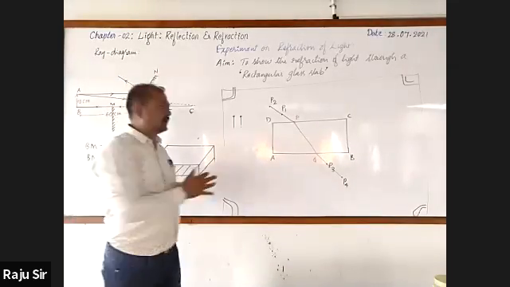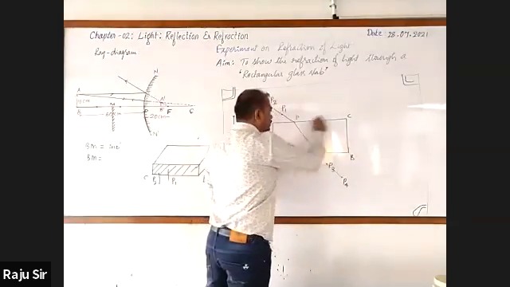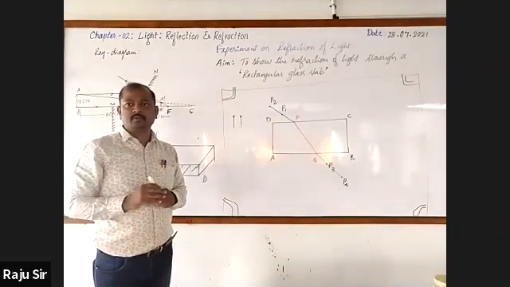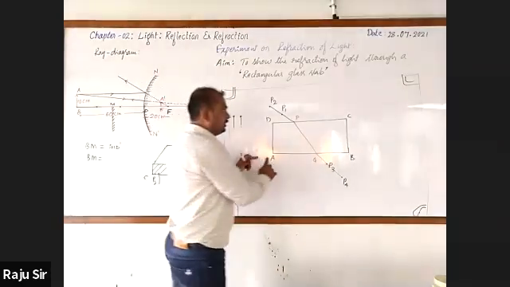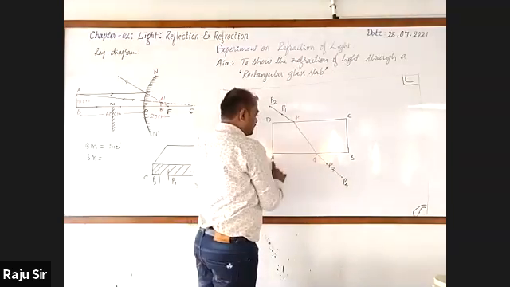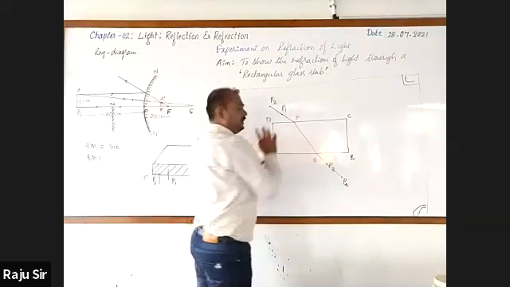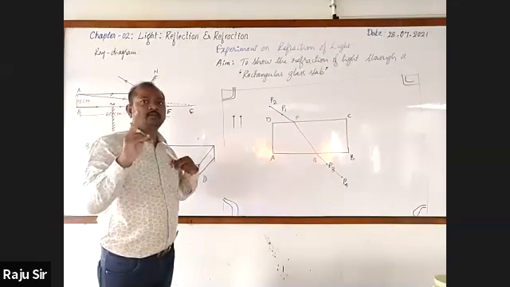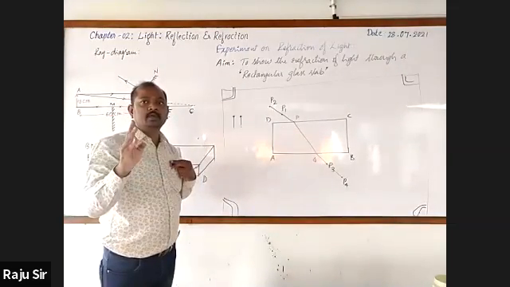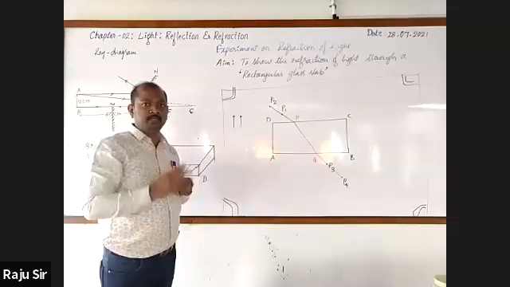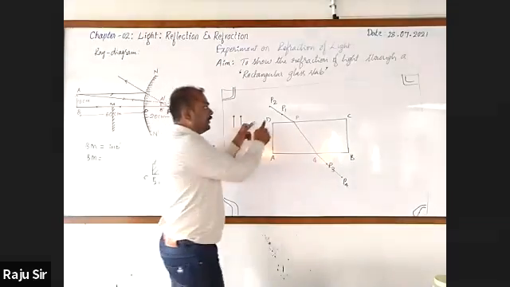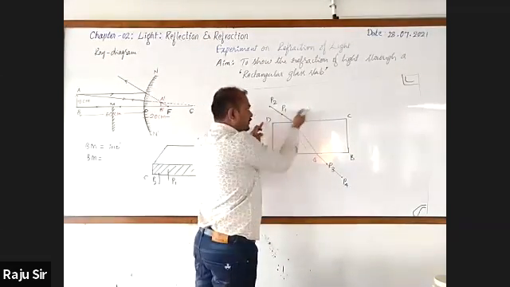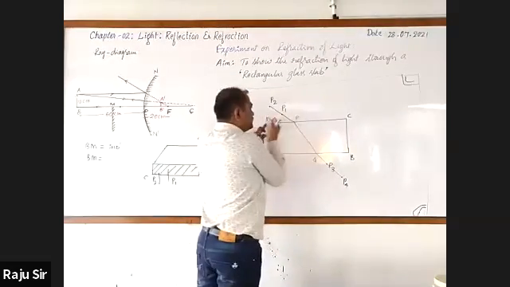Use scale and pencil, draw the lines along the boundary of the glass slab. Second point is over. Third point, name the rectangle as ABCD. Fourth point, take two head pins P1 and P2. Fix them on the drawing sheet perpendicular to its surface against the face CD.